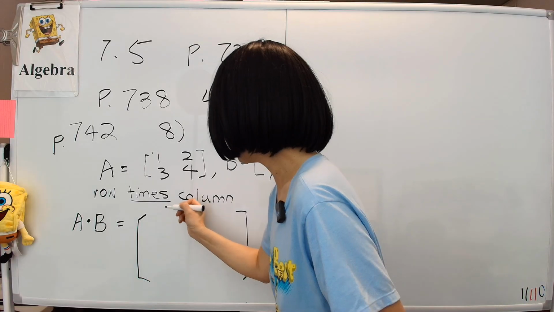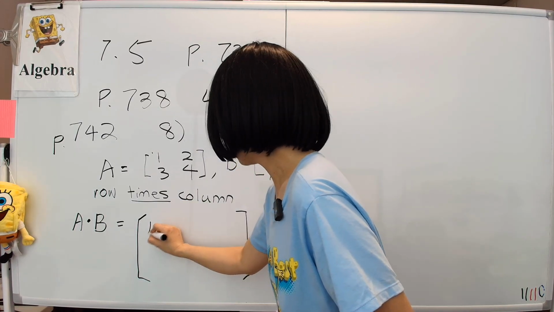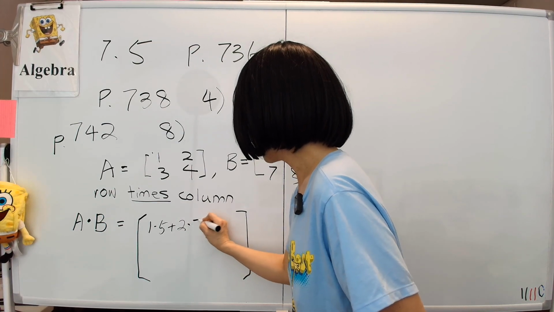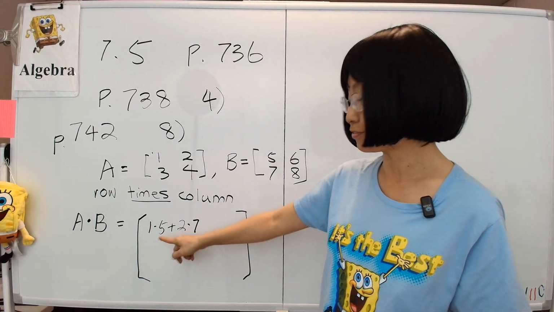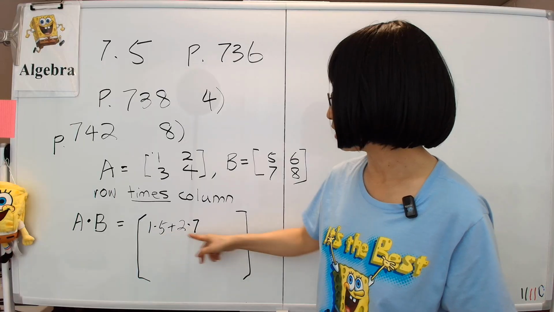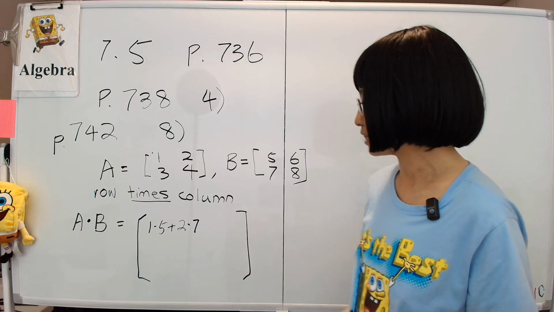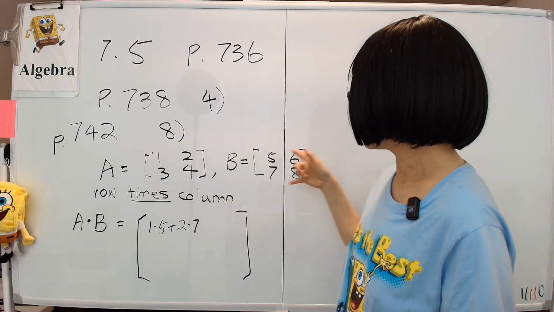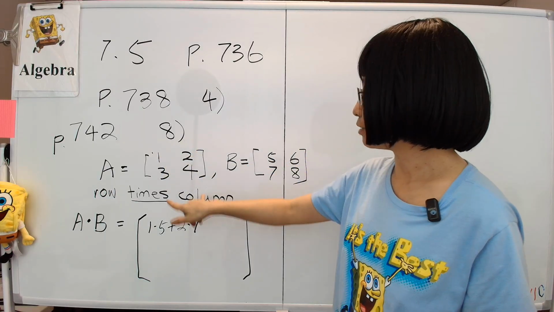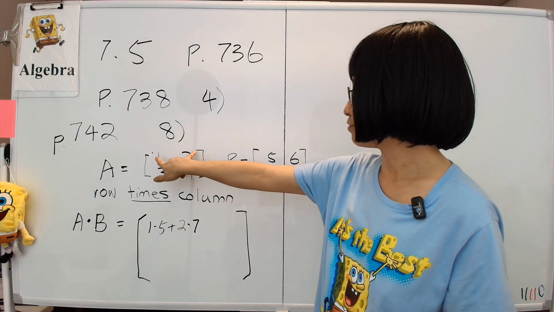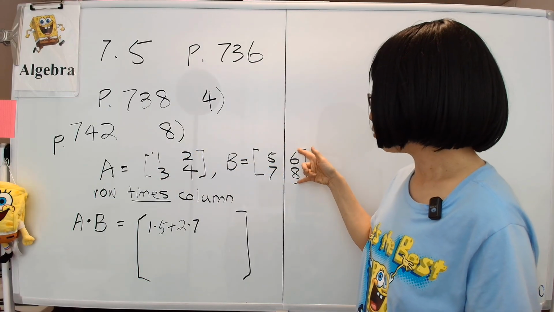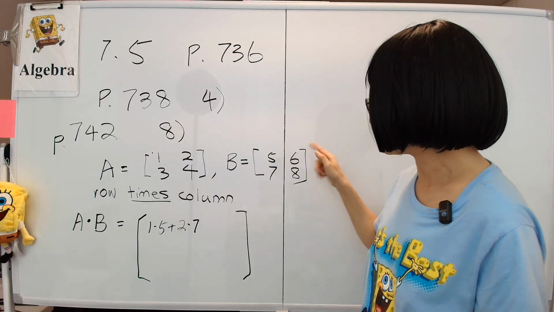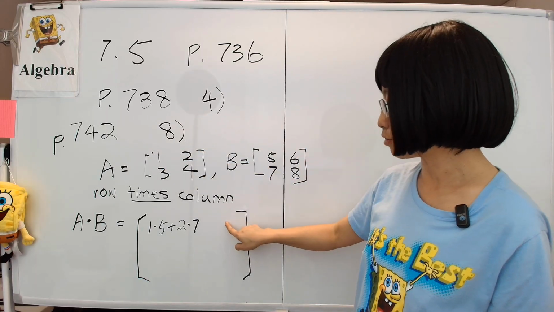That is, the first entry is 1 times 5 plus 2 times 7. That's just the first entry. After you figure out what that is, then you do the second. The second entry is the first row times the second column. The first row and the second column intersect at this location, so the answer will be written here.